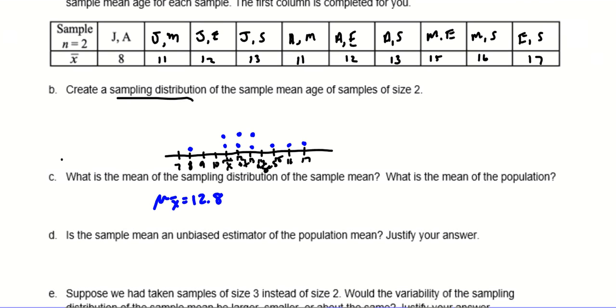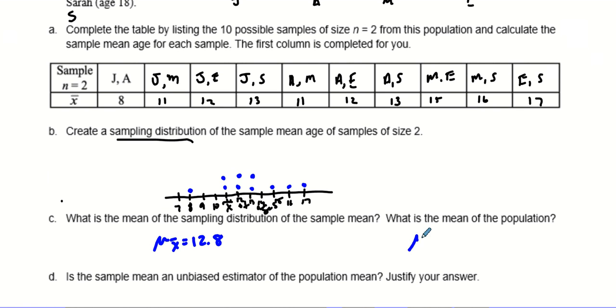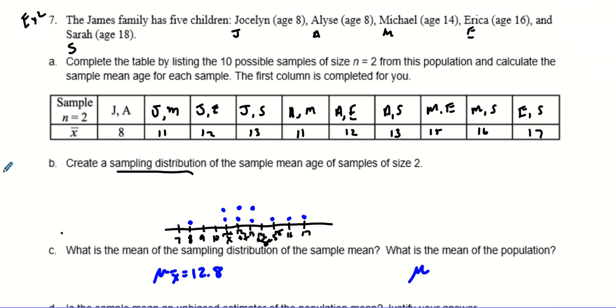And if we go up here and we see what the mean of the population is, and we take all these different ages, we have 8 plus 8 plus 14 plus 16 plus 18, and we divide that by 5.